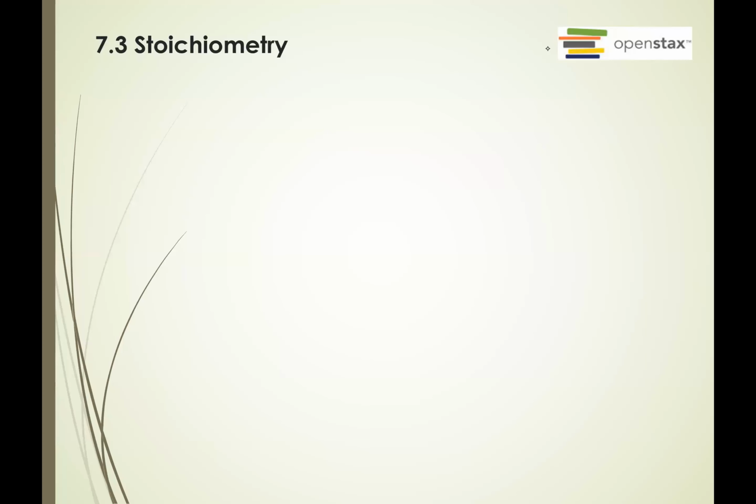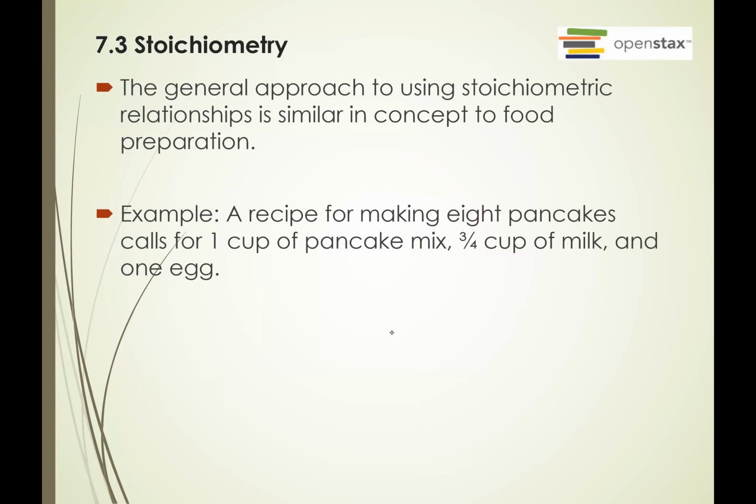Okay, so when we're talking about stoichiometry, again, we're going to be using the math that you've already used. But what we're going to be doing is converting one thing to something else, which is different.